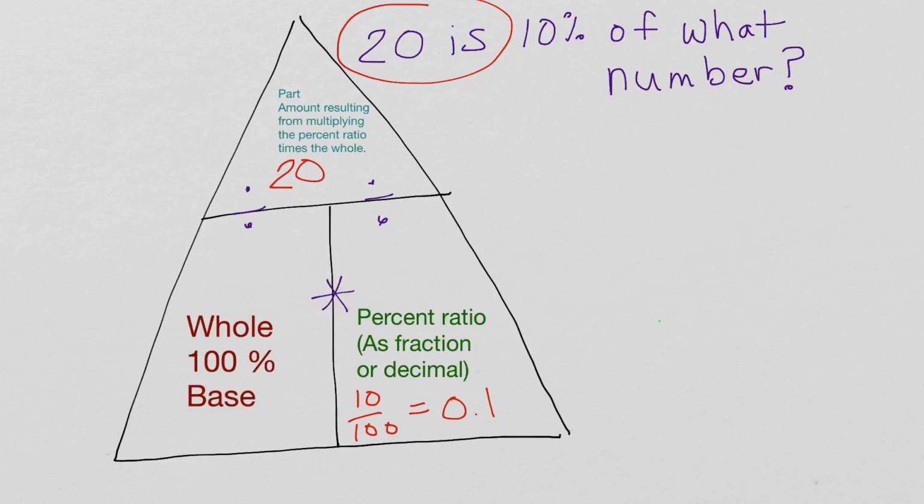So to find our missing whole, we're going to do 20 divided by 1/10, and we get 200. So 20 is 10% of 200. That means that 10% of 200 is 20.